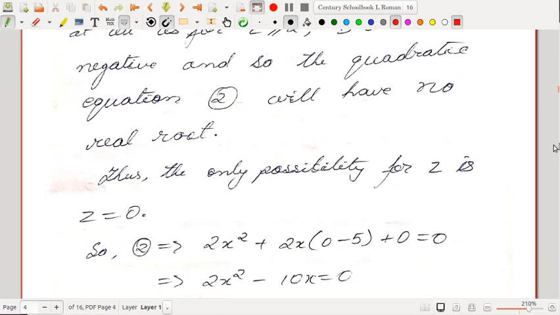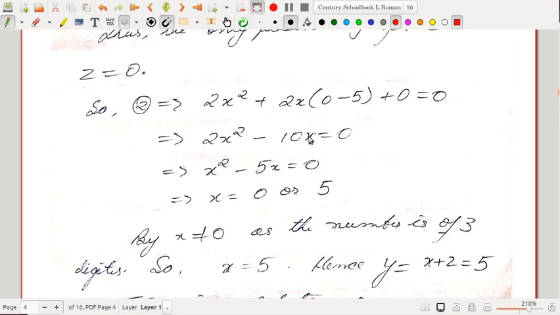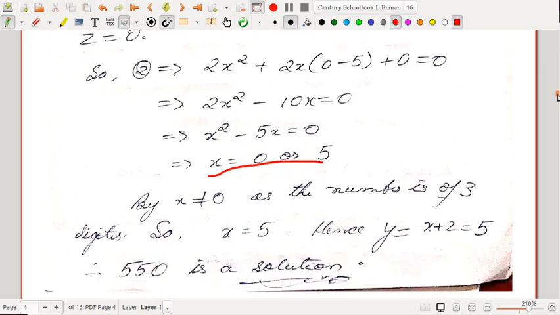From equation 2 we see that 2x square plus twice x into this. Ultimately we will get x equal to 0 or 5, but x is not equal to 0 because x is the first digit of the 3-digit number, so x is non-zero, so x has to be 5. So 550 is a solution.